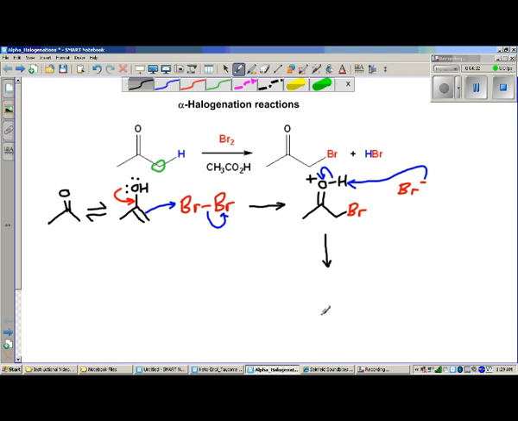Or in fact, it gives you the product that we show up here. So what we get essentially looks like the ketone again, but you could call it the alpha bromo ketone. In fact, that's what some people call these things.